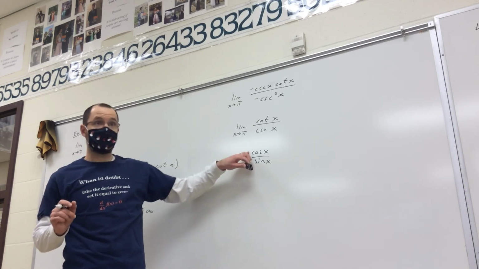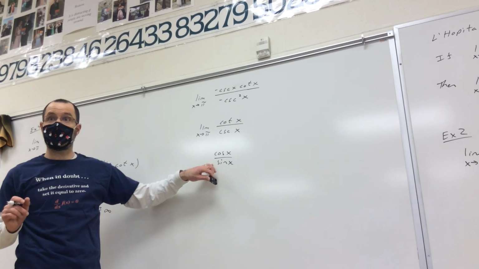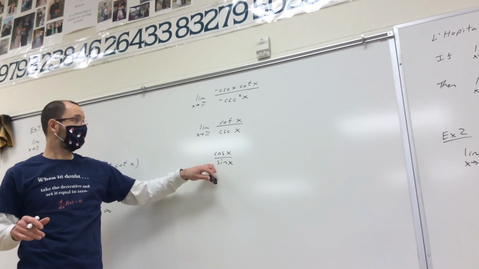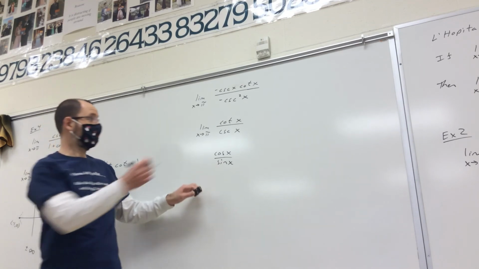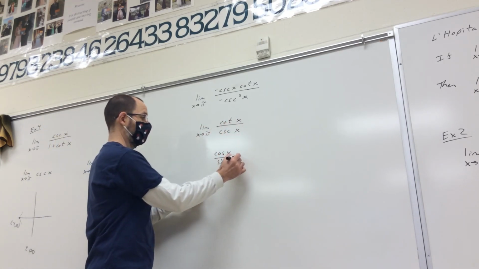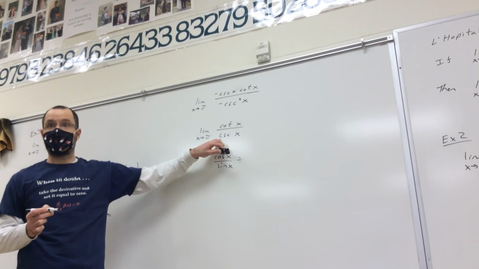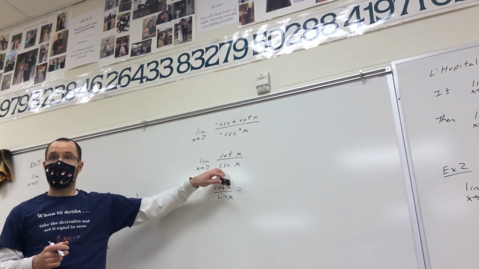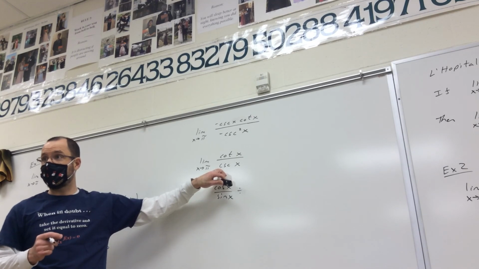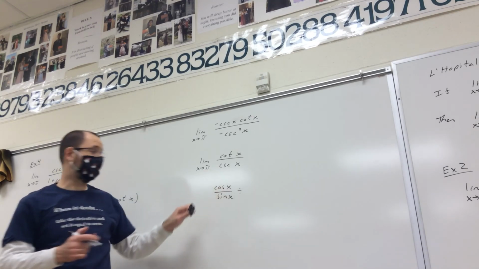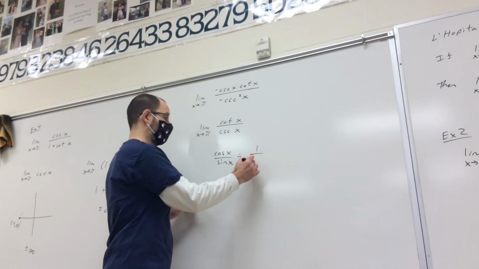And x on the unit circle is cosine, and y on the unit circle is sine. So that's how I remember that cotangent is cosine over sine. And then I'm dividing by cosecant, right? But cosecant is the reciprocal of sine. So I'm dividing by 1 over sine.